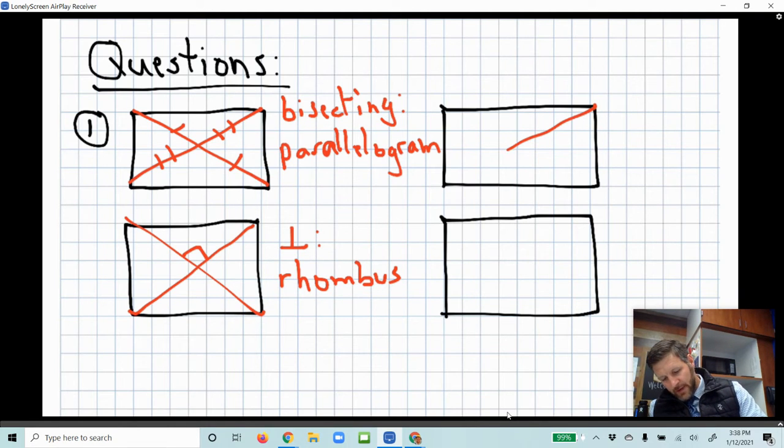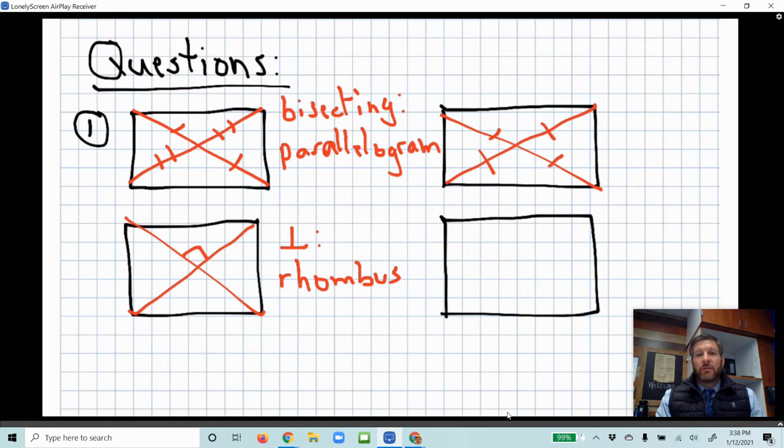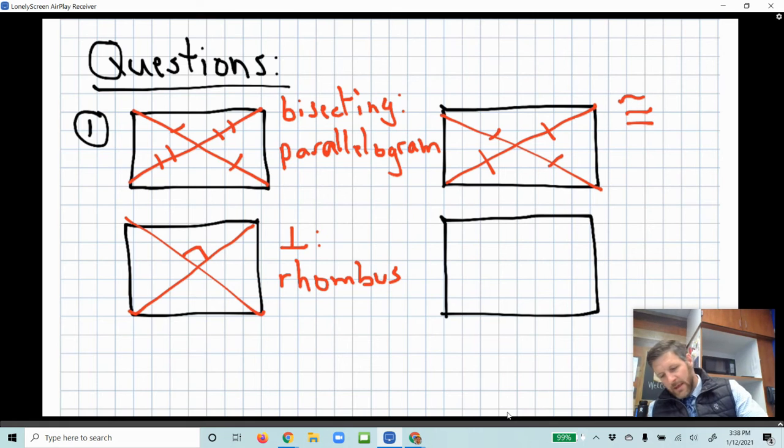If, on the other hand, the two diagonals are congruent, they bisect each other just as with the rhombus, but they also cut each other into four congruent pieces. In other words, the entire diagonals are congruent. So congruent diagonals mean you have a rectangle.